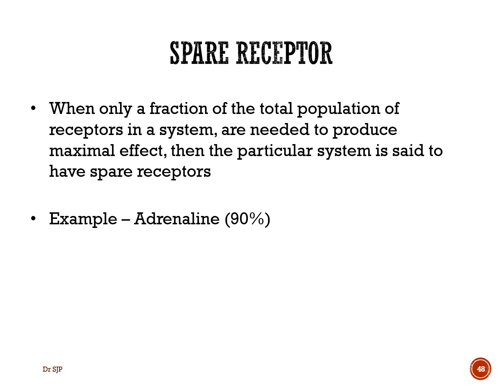To demonstrate spare receptors experimentally, you can use an irreversible antagonist, which will prevent the binding of agonist to the available receptors, and you can show that with a higher concentration of agonist, maximal response can still be produced. For example, with adrenaline, and insulin receptors, where 90% of insulin receptors are just serving as spare receptors, right?